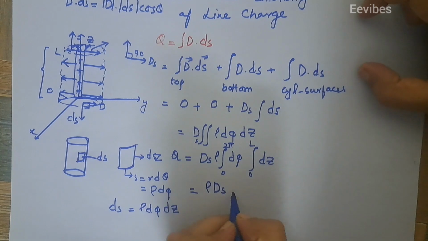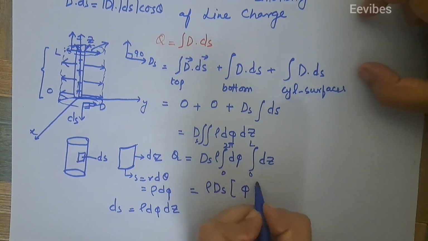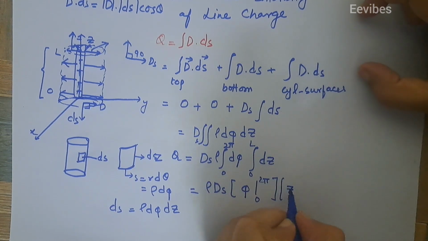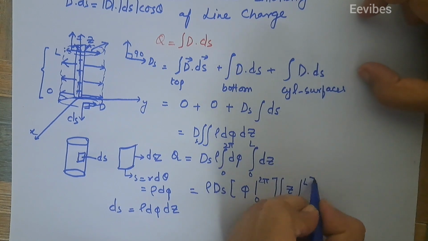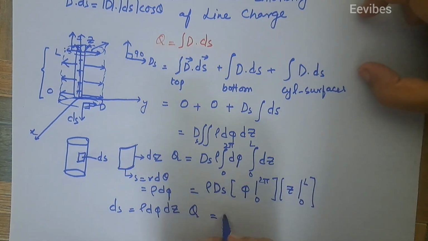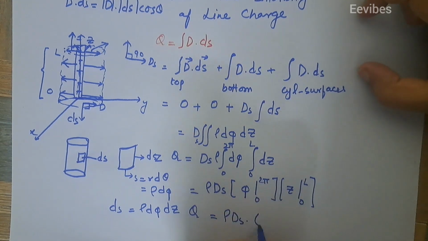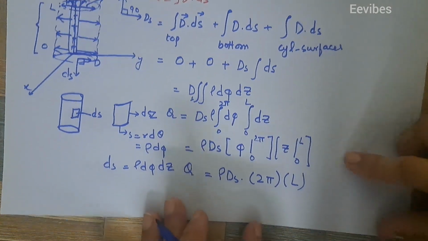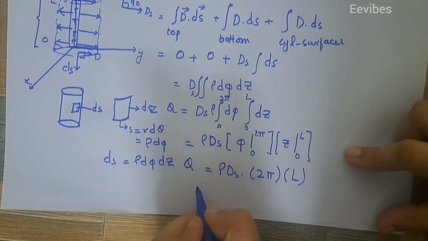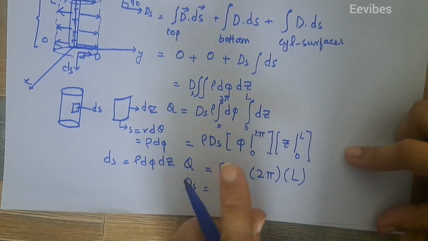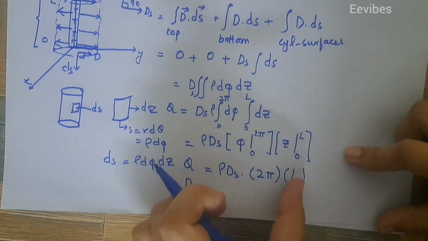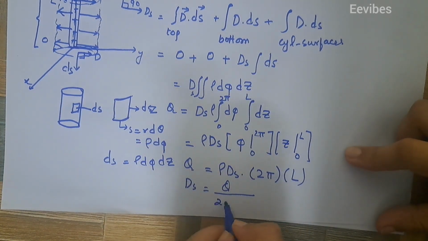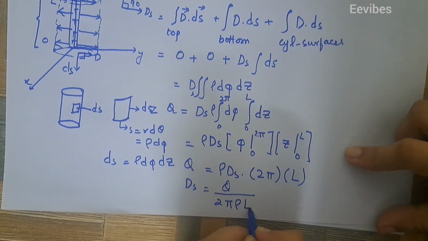So this becomes rho D, and here you get phi, where you apply the limits from 0 to 2 pi, and similarly here you get z, where you apply the limits from 0 to L. So Q is equal to rho D, then this becomes 2 pi, and here you get the value of L. On further simplification, if we keep D on the right hand side and take the remaining terms on the left hand side, it becomes Q over 2 pi rho L.